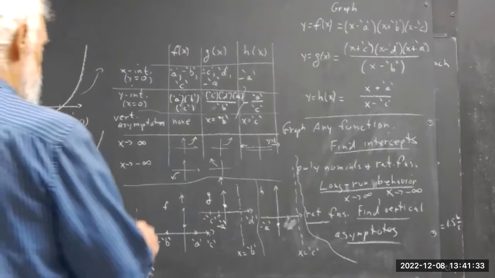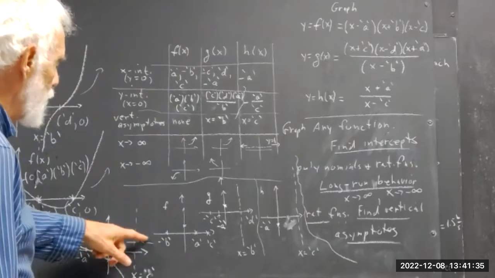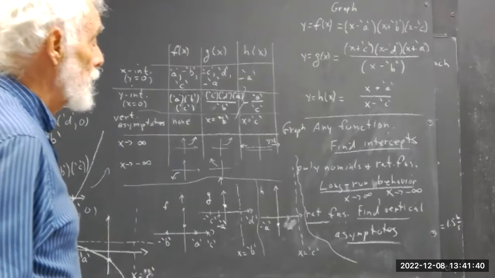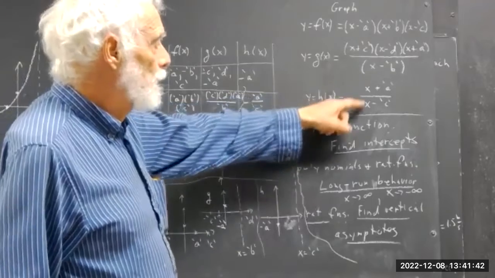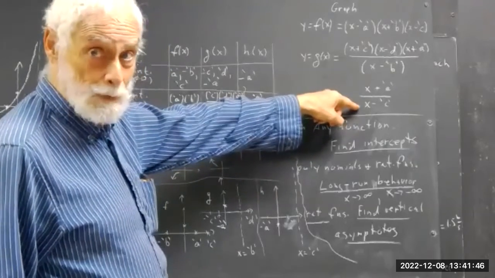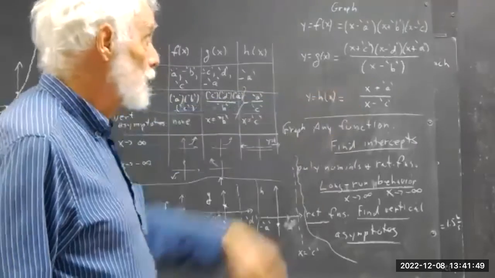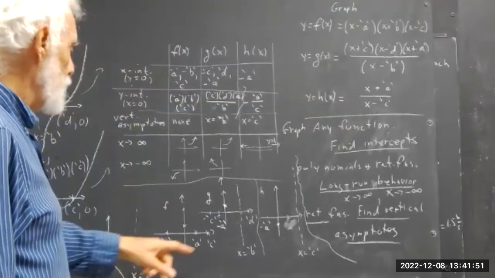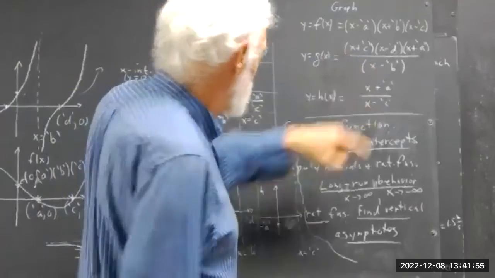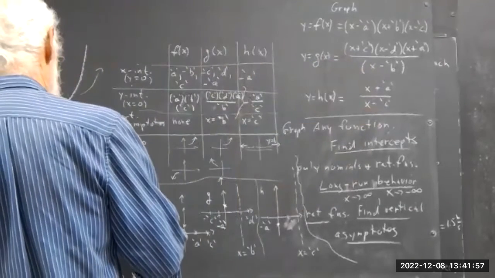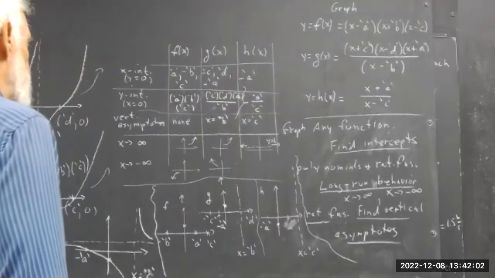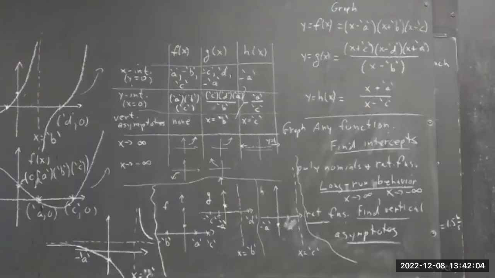In any case, you have to be above the line y equals 1 because the numerator for big x is always a little bigger than the denominator. So this number is always a little more than 1. And as you get close to c, this number is still going to be positive, but this number is going to approach 0. So you're going to have a graph that looks like this.